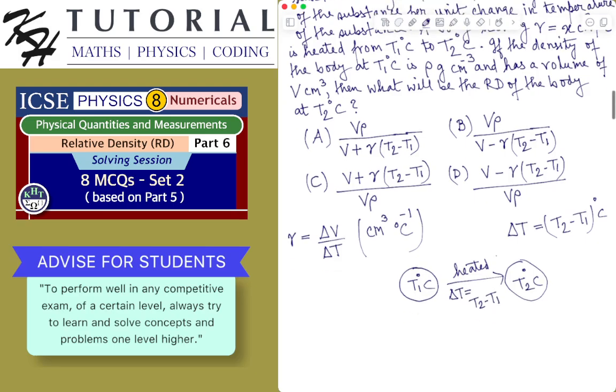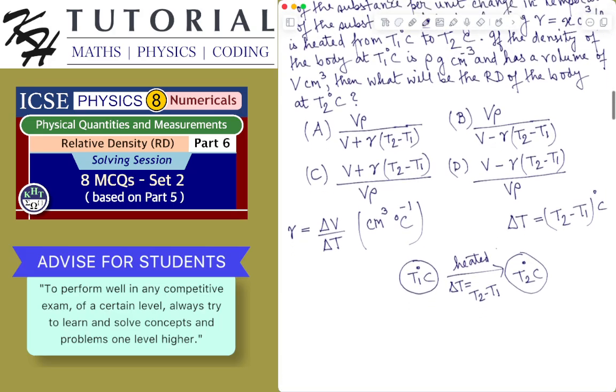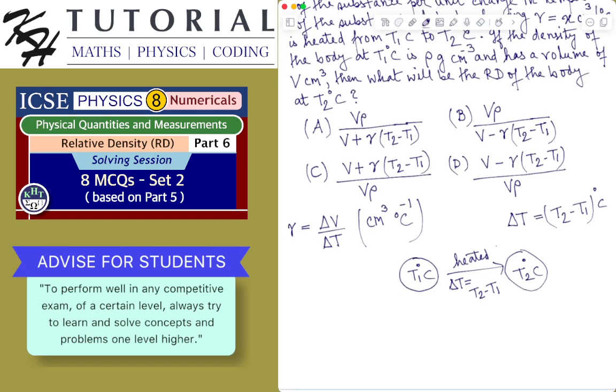From the gamma, we can easily find out the change in volume. From this formula, the change in volume is equal to change in temperature multiplied by gamma. So for this problem, the change in volume will be equal to gamma multiplied by T2 minus T1.